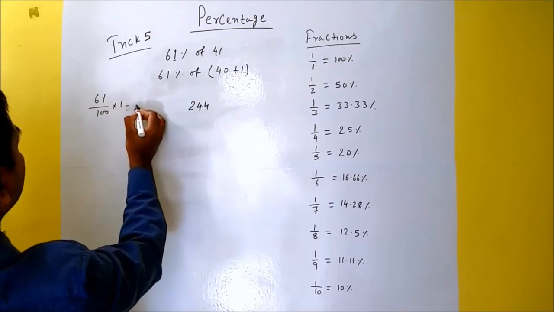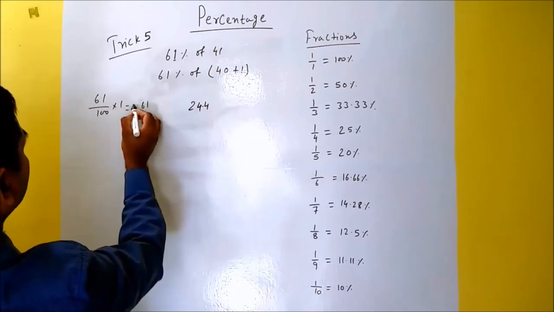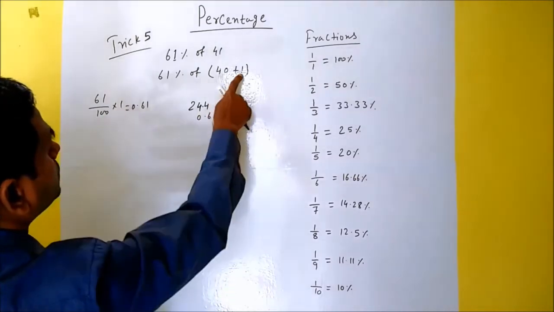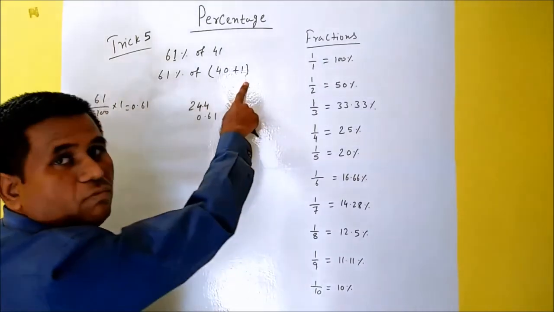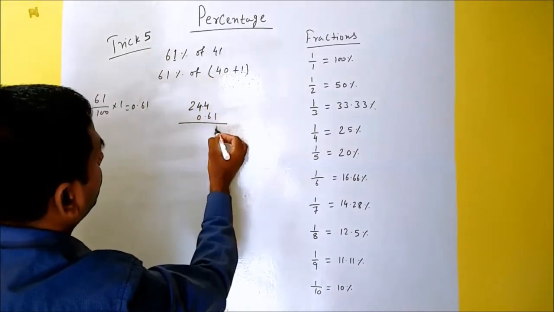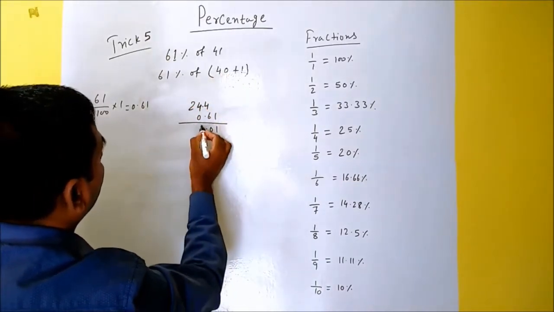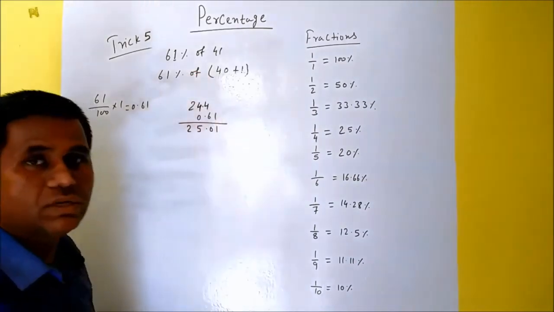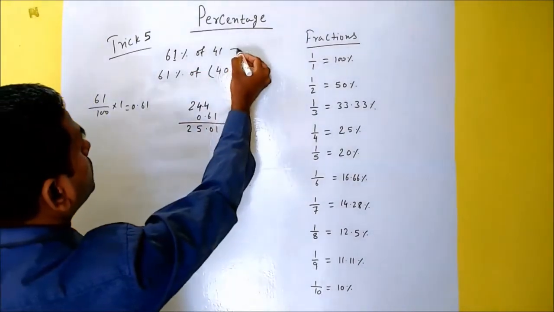So the answer is 0.61. So it is easy to calculate 61% of 1 as well as 61% of 40. Upon adding, we get 1052, 2501. So 2501 is the answer for this.